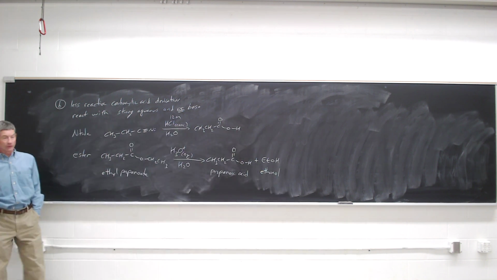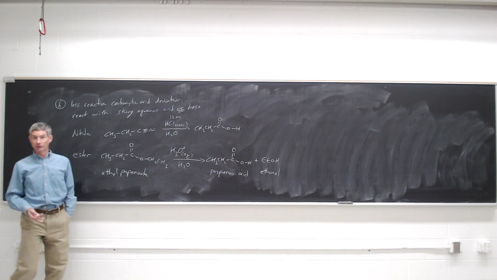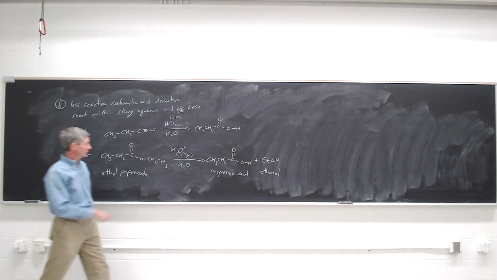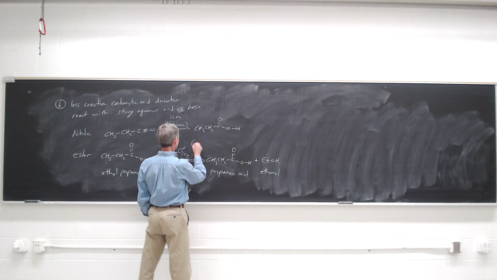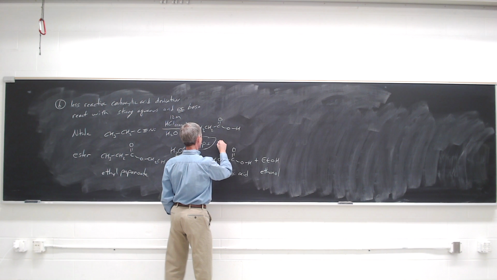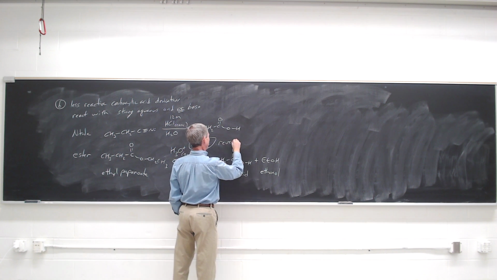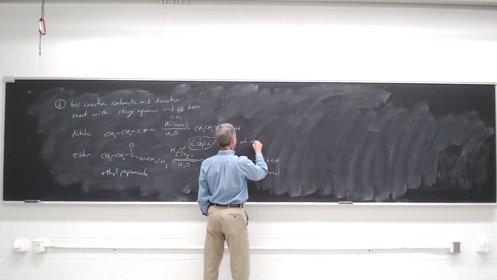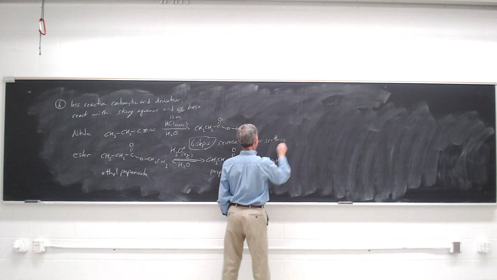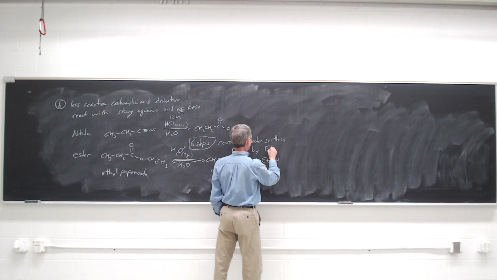This mechanism is a little bit more complex than the simple nucleophilic acyl substitution mechanism that we saw in the reaction of acid chlorides and anhydrides. This mechanism, which is in equilibrium, is actually six steps, and it is the reverse of ester synthesis by the Fischer esterification.